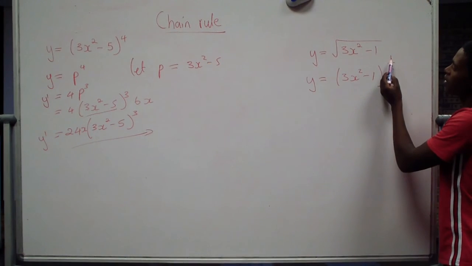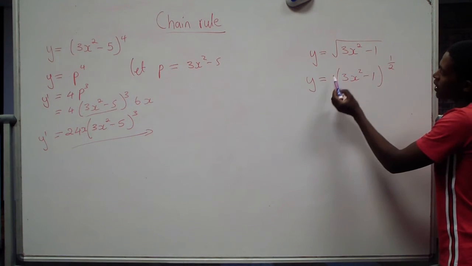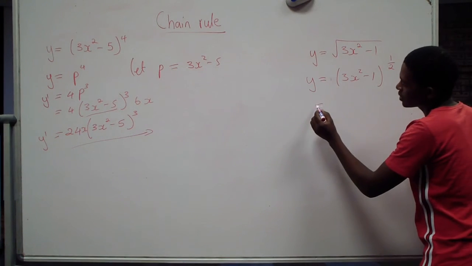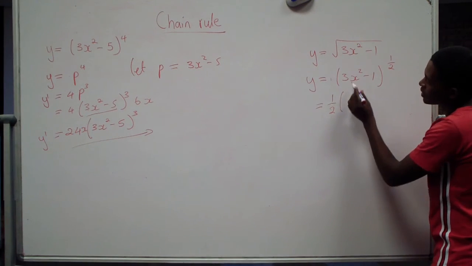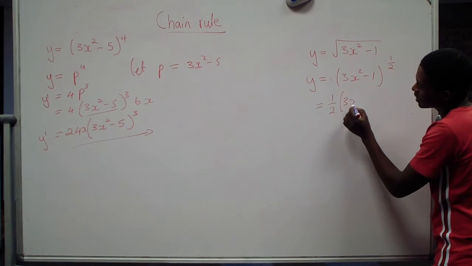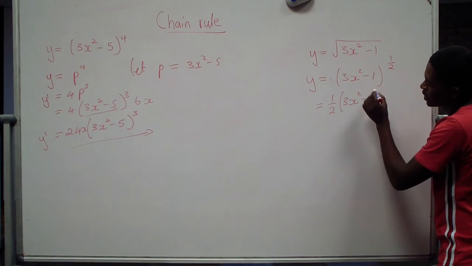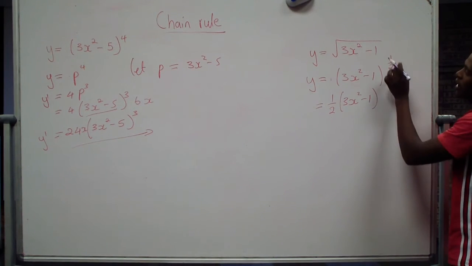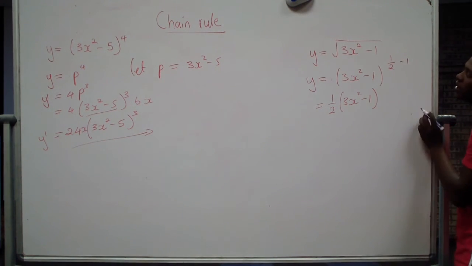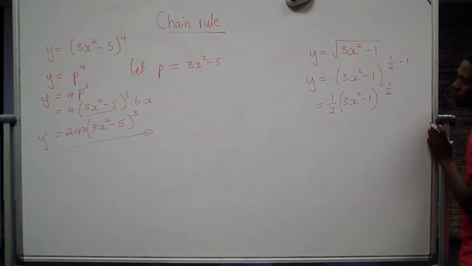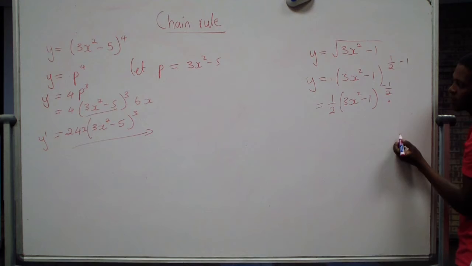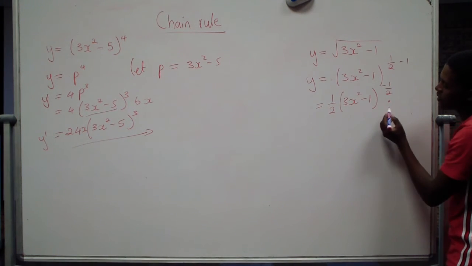When I multiply 1 over 2 and 1 here, I'll get 1 over 2 times 3x squared minus 1. Then when I take 1 from my half, I will have a negative 1 over 2, multiplied by the derivative of this.